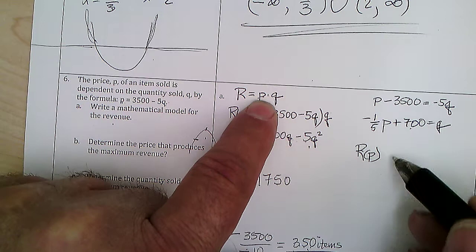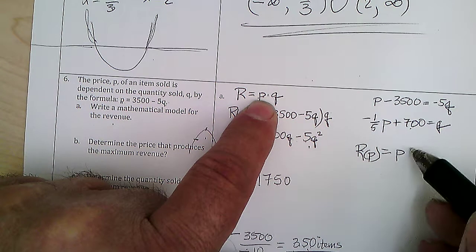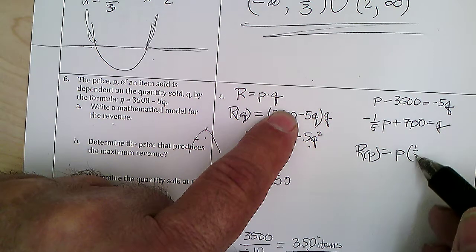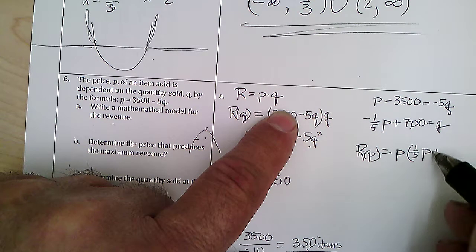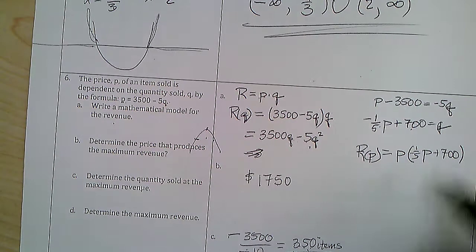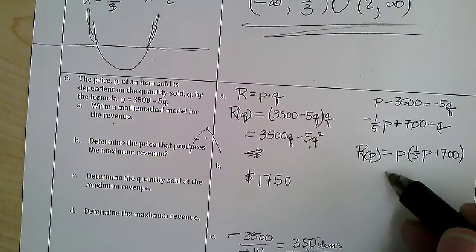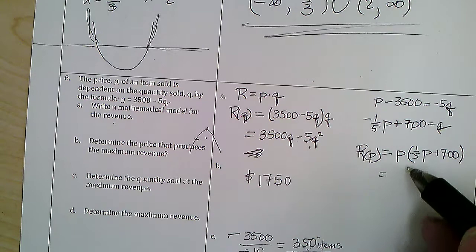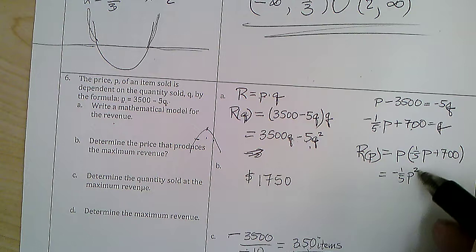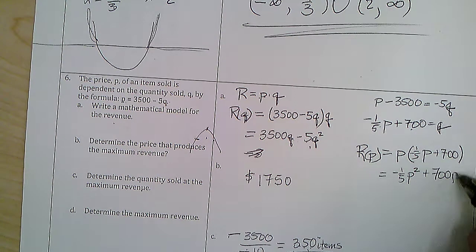We'd leave P in it, replace the Q with minus 1/5 P plus 700, and we could go through the process. This would be minus 1/5 P squared plus 700 P.